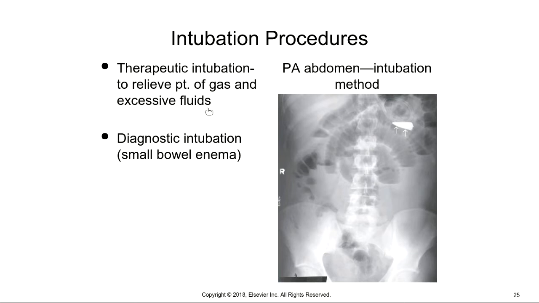Now, a diagnostic intubation is also called a small bowel enema. And what we do with this is we're actually trying to take images of the patient and diagnose the patient. Okay, so again, they put a tube down into the patient, and then we inject a water-soluble iodinated contrast media or thin barium through that tube. And then we take radiographs at timed intervals, just like an SBS or a small bowel series.